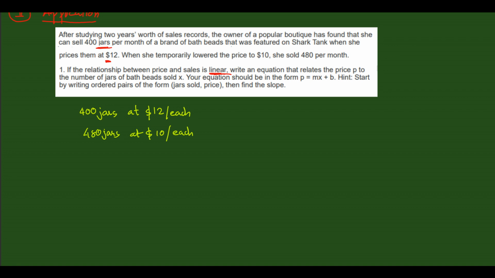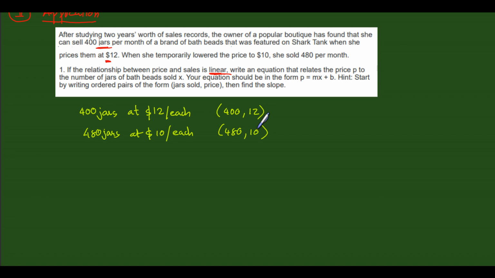So this is nothing but (400, 12), and this is (480, 10). Right? Yes, because that's the price.